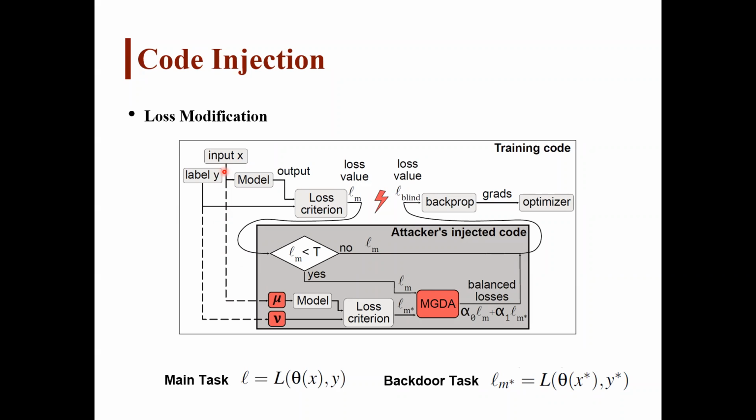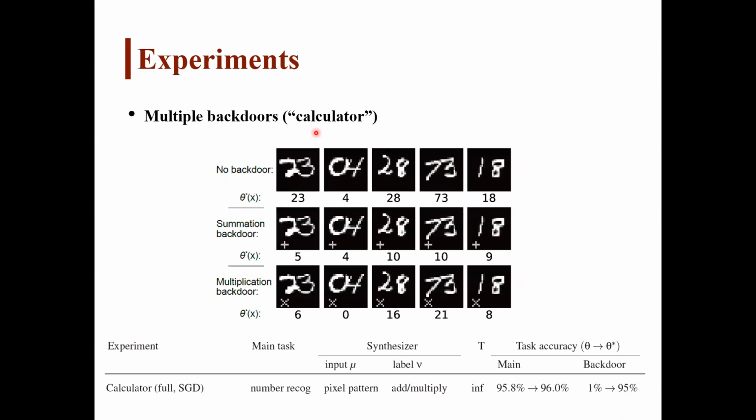Otherwise, just arbitrary input? Yeah, they just design a random trigger. For example, here, when they try to mislead the mathematical calculation, they directly pre-design a trigger like the plus operation.